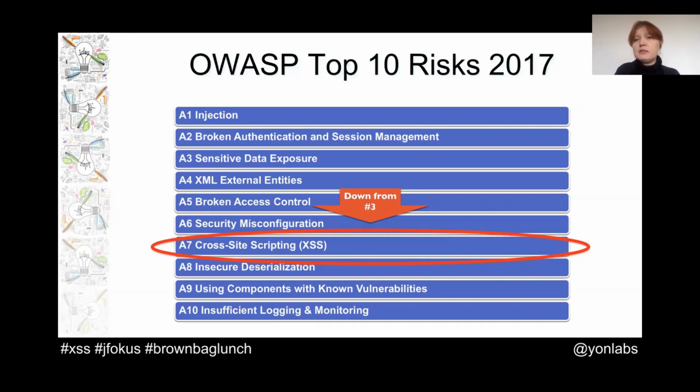The last one is from 2017, and cross-site scripting is number 7. It went down 4 positions because in 2014 it was number 3. Still, it's included in the list. It's a widespread vulnerability, easily exploitable. So as developers, we must be aware of it and how to prevent it.